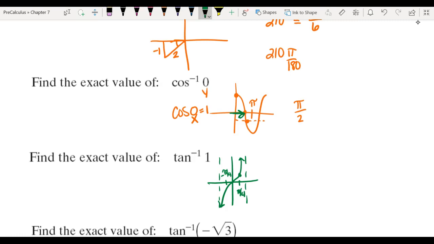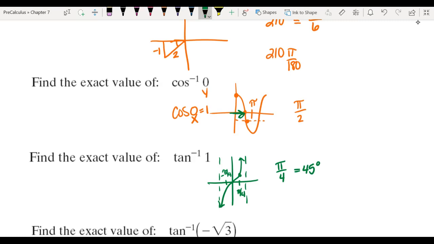So when it hits 1, your answer is pi over 4, which is 45 degrees. I'm not sure which version they want you to have today, so let's just do both. Get some practice at changing between degrees and radians.